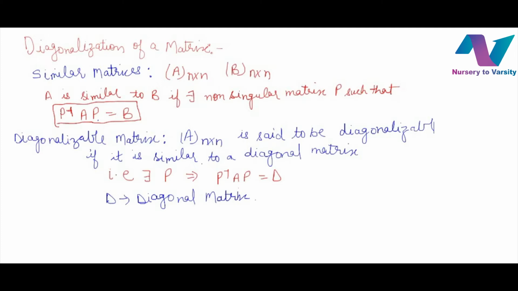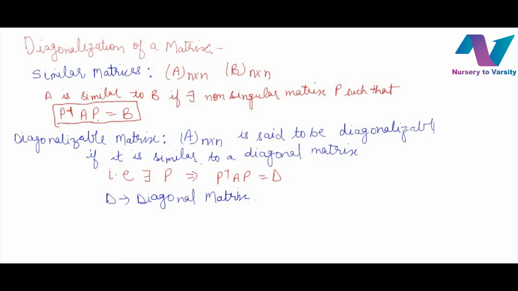So we have studied two definitions. First is similar matrices. If there are two square matrices of the same order, then A is said to be similar to B if there exists a non-singular matrix P such that P inverse AP is equal to B. Then comes diagonalizable matrix. What is a diagonalizable matrix?